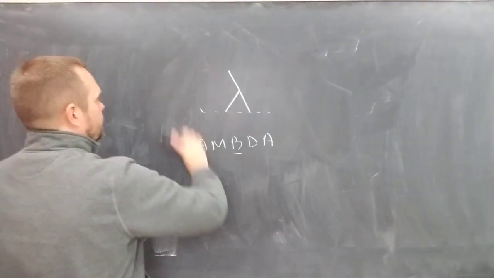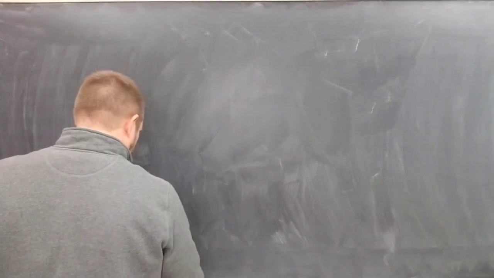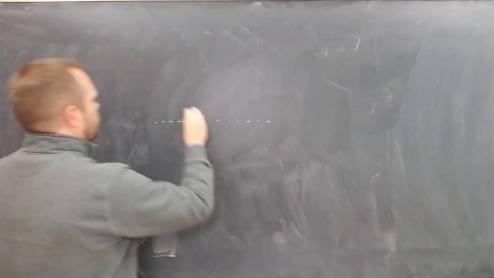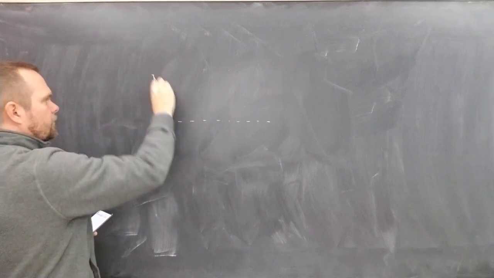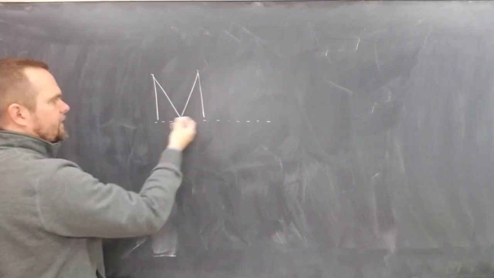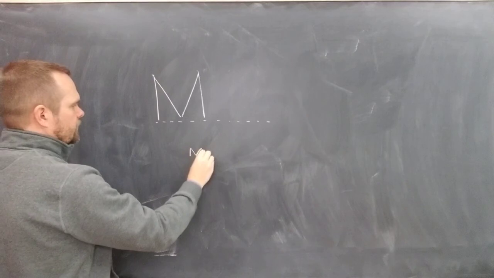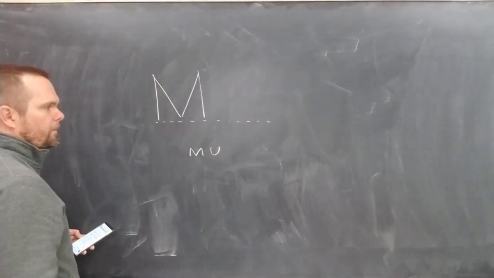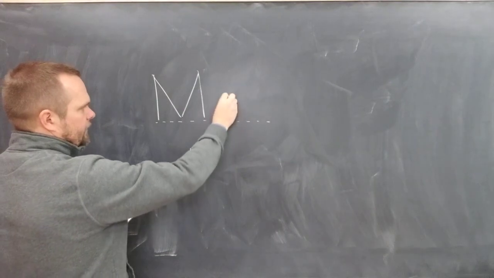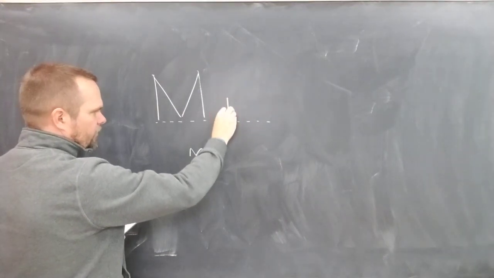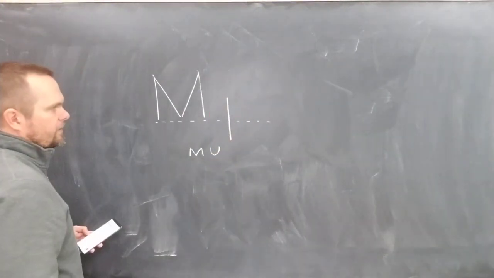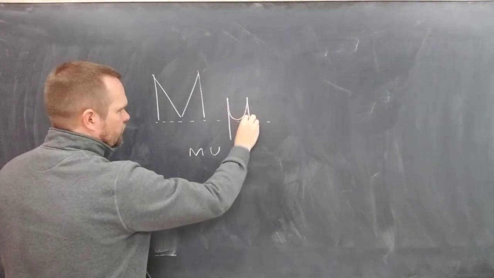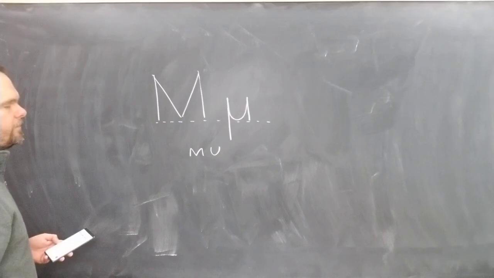The next is a consonant, mu. Looks like an uppercase M. Very simple, very easy to recognize. This is the Greek consonant mu, pronounced mu. To make the lowercase, simply draw a vertical line down through the baseline and then write what would be an English U after that line.